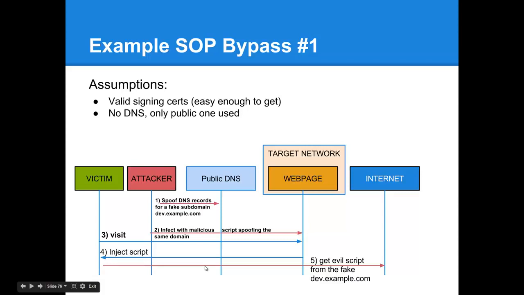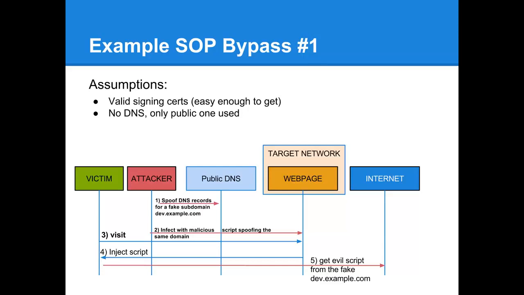Now, to go back to web application hacking in general, let's revisit the same origin policy and talk about two examples at the network level that an attacker could go about bypassing it. First, many websites do not run their own DNS server and do not use a DNS server that enforces DNSSEC, which allows an attacker to spoof DNS records, at least at the ISP level, for a fake subdomain of a given target website.